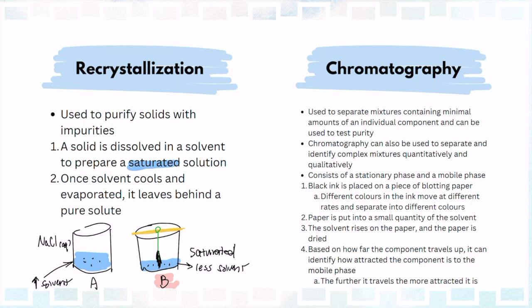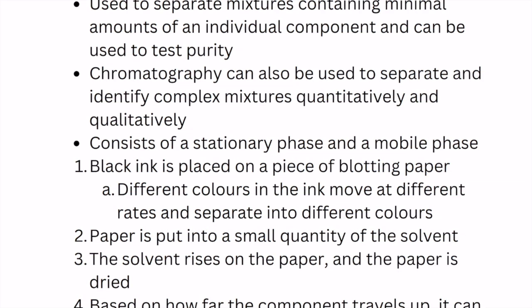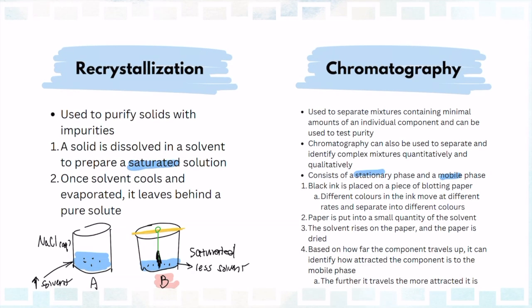So we're going to talk about chromatography. Chromatography is used to separate mixtures containing minimal amounts of an individual component and can be used to test purity. Chromatography can also be used to separate and identify complex mixtures quantitatively and qualitatively. It consists of a stationary phase and a mobile phase.